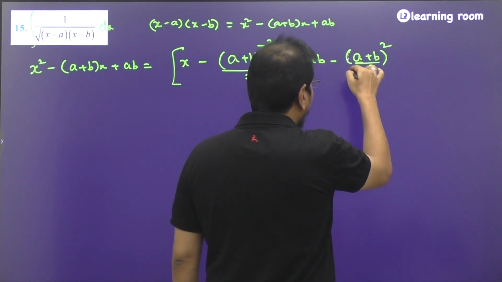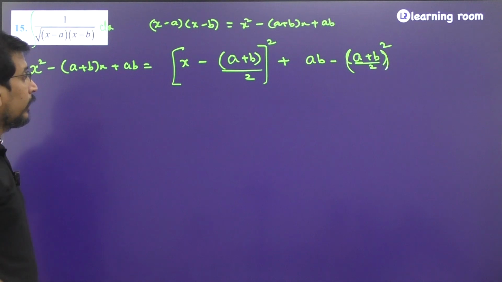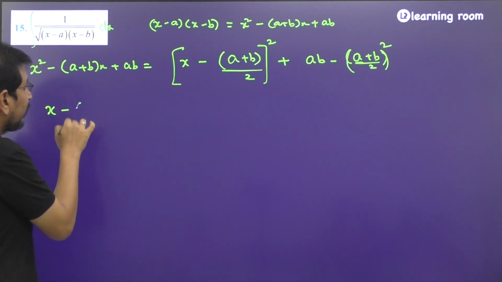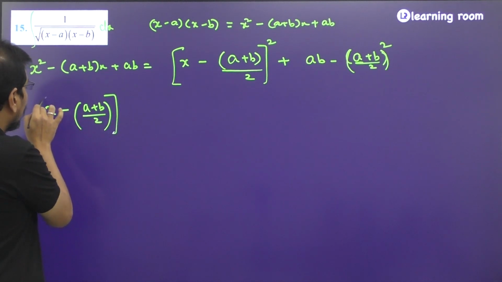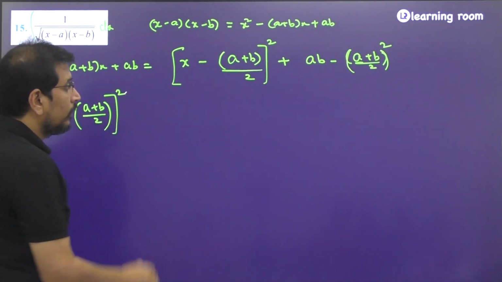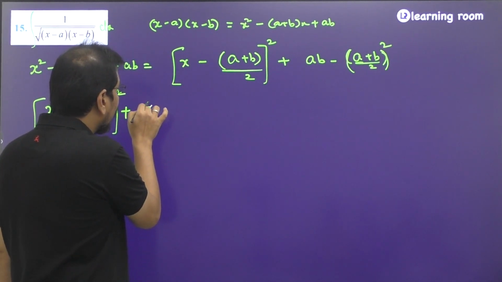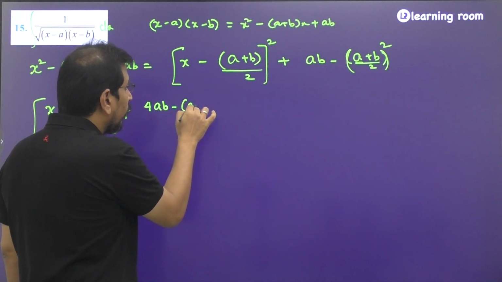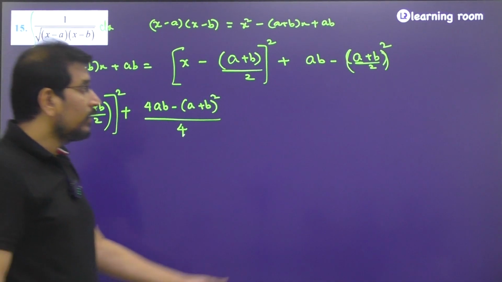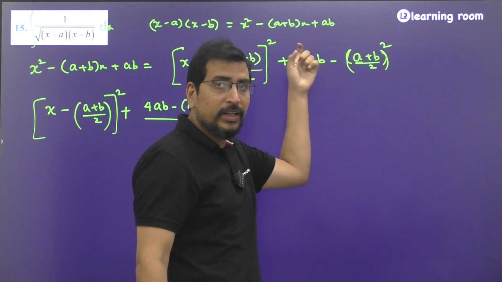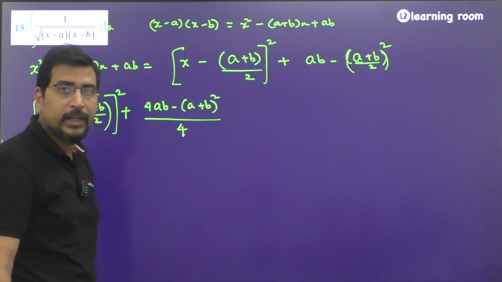So this will be x minus (a plus b by 2) the whole square, plus (4ab minus (a plus b) the whole square) the whole divided by 4. Because it is (a plus b) the whole square divided by 4. If you take the LCM, this will be 4ab minus (a plus b) the whole square, the whole divided by 4.